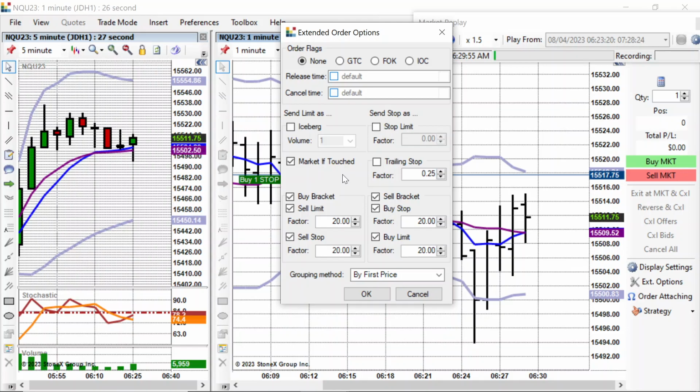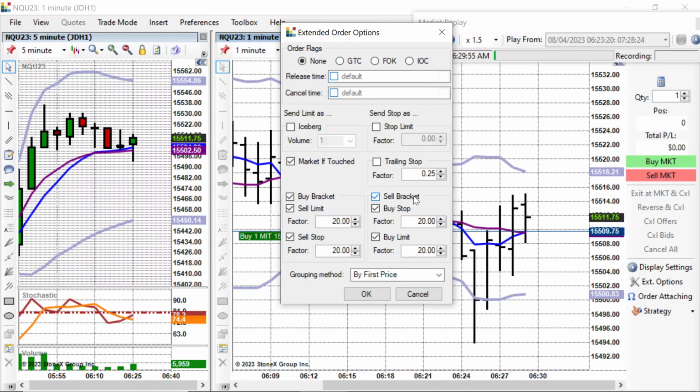The software will set up a bracket trade, with a resting stop order and a resting limit order. So let's say this is the buy bracket for the buy side of the trade, it'll set up a sell limit and a sell stop, which will get me out of the trade in either direction. The sell stop would take me out at a loss, and the sell limit would take me out at a profit. So that's the profit target.